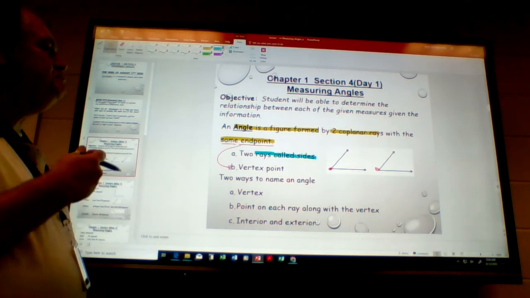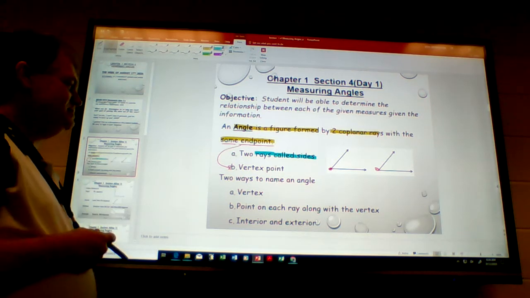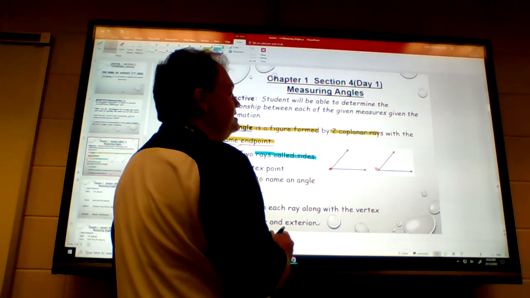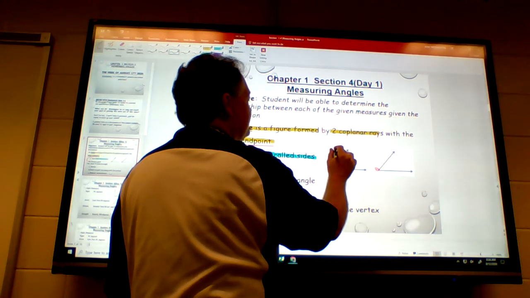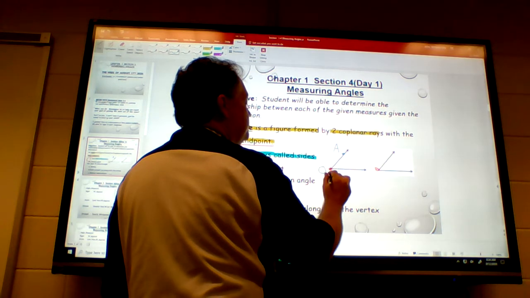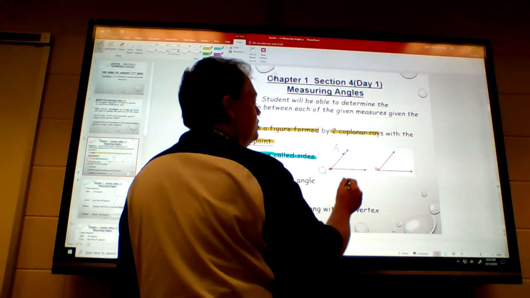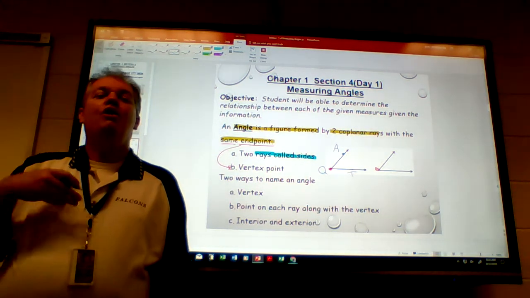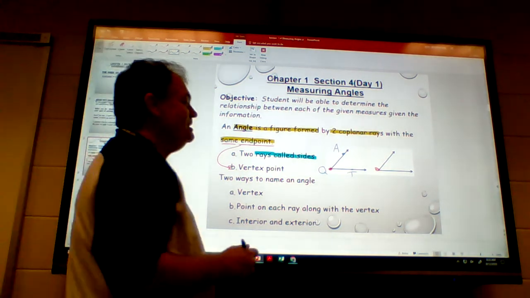All right. So there's multiple different ways of naming angles, and it just depends. What I'm going to do here is take this angle and give it 3 points. I'm going to give it a point here, we'll call that point A. We'll call the vertex point Q, and we'll call this point here T. When you're naming an angle, there are some things that are very important.